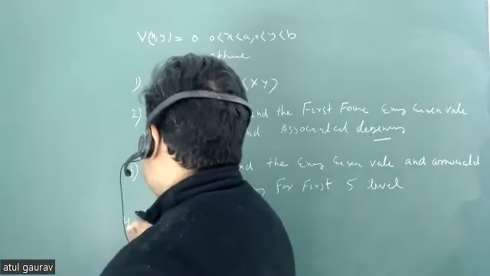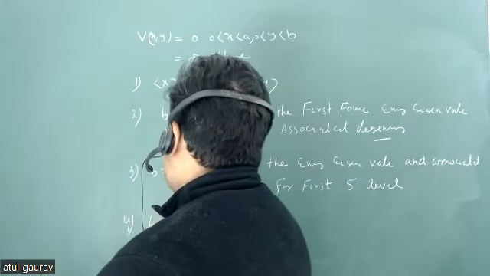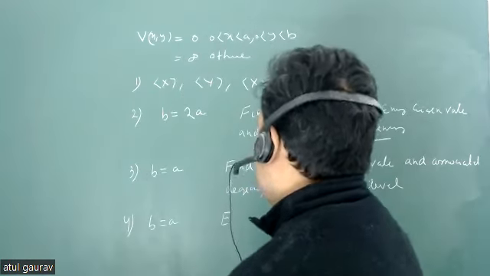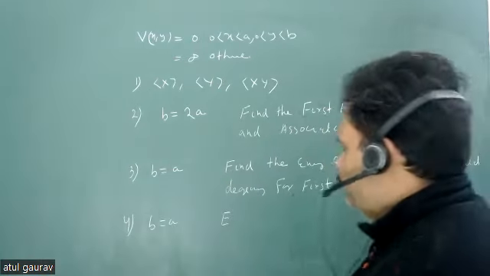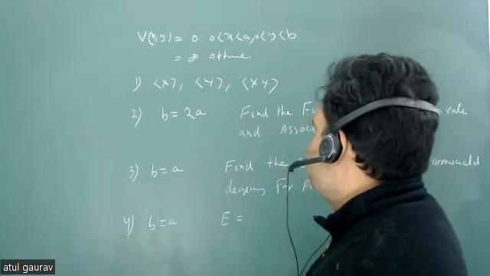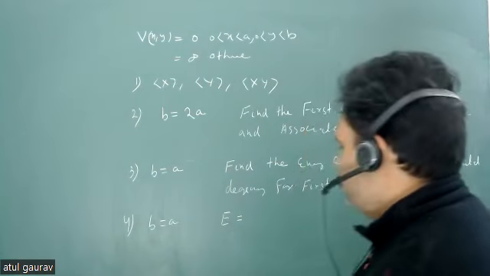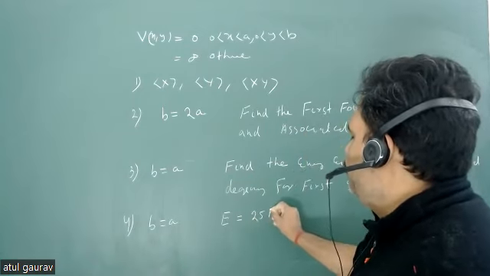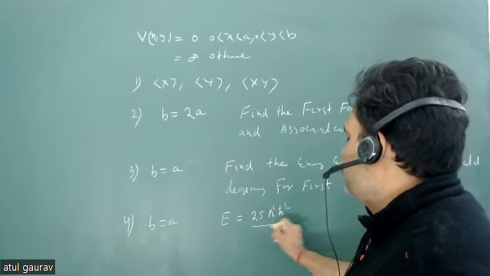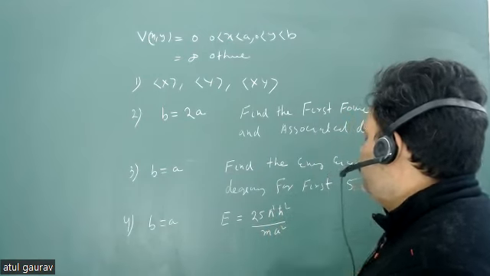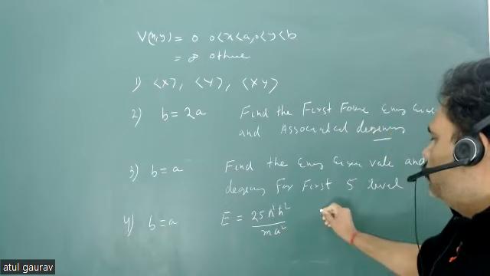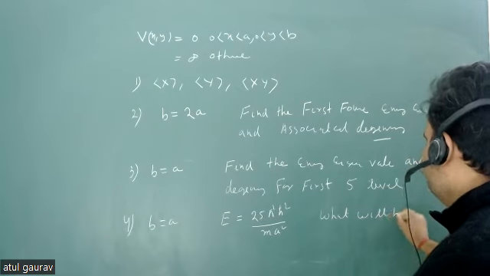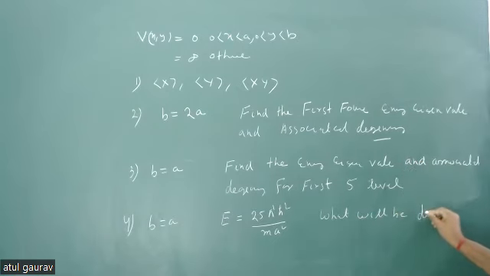Fourth question, for b is equal to a, if energy eigenvalue is given as 25 pi square h cut square upon m a square, what will be degeneracy?